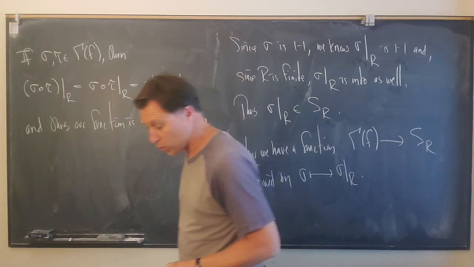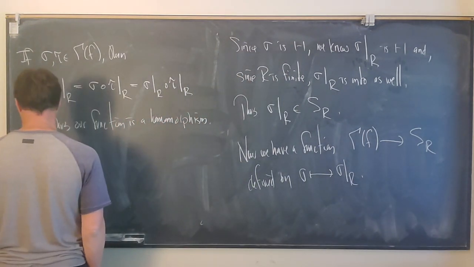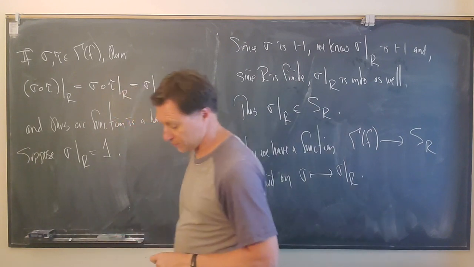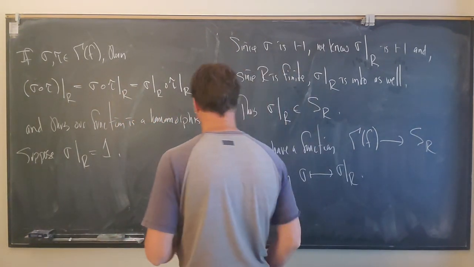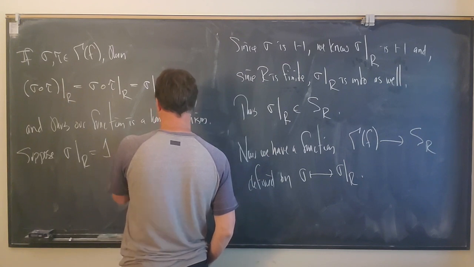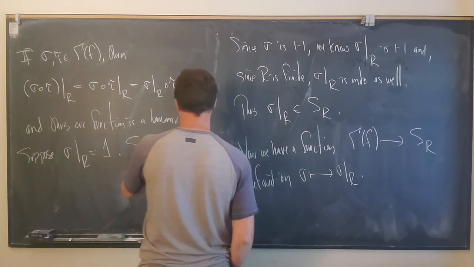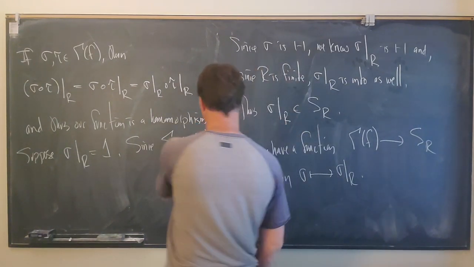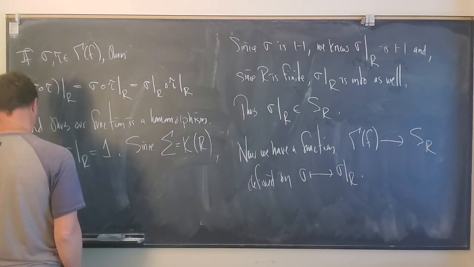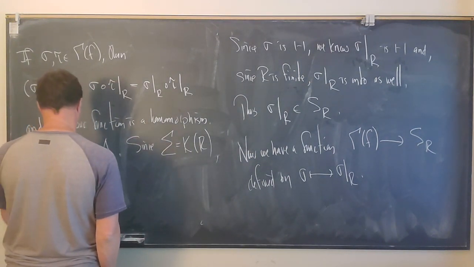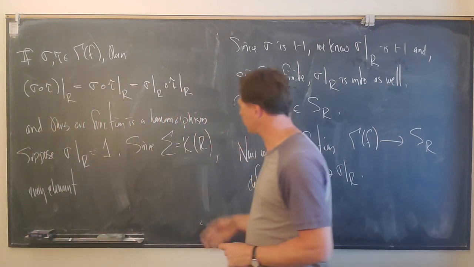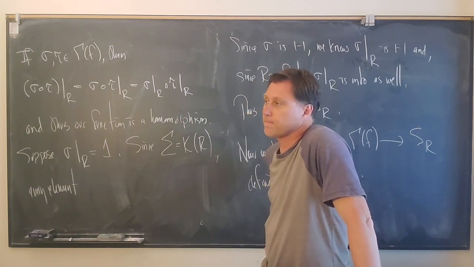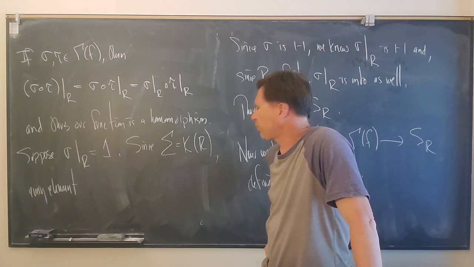Okay, so now we just need to show it's one-to-one. So suppose that sigma restricted to R is equal to the identity function. Now, we know what the field looks like: it's K adjoin the set of roots, so it's K adjoin R. Every element looks like a linear combination of products of alphas.